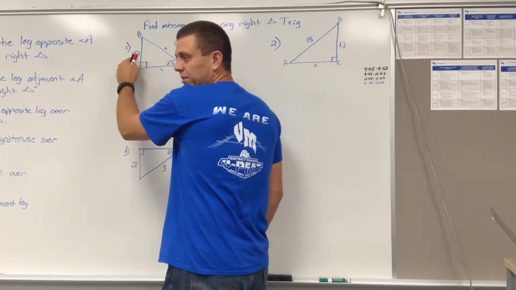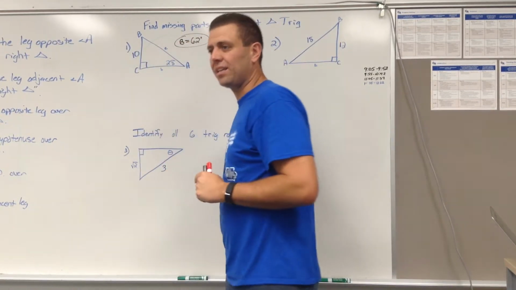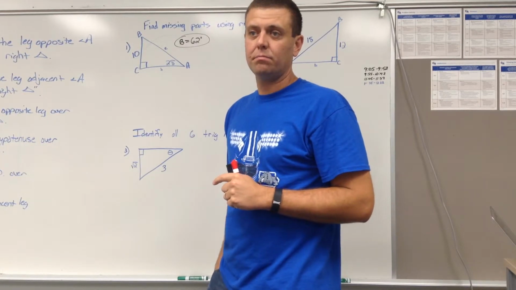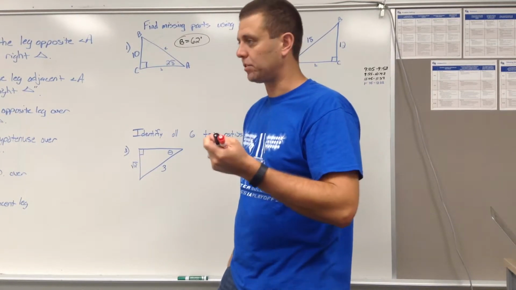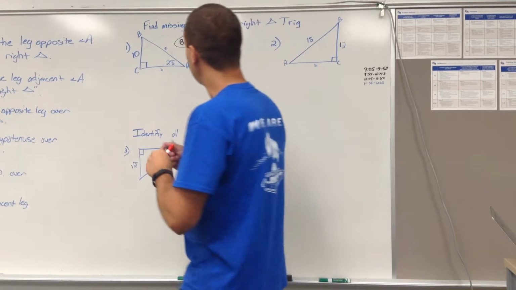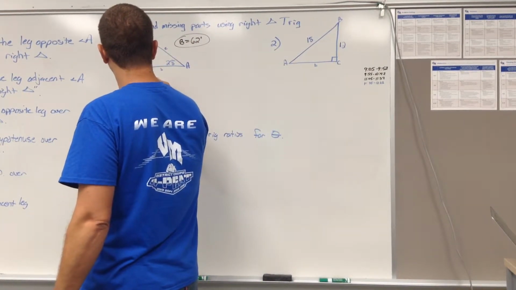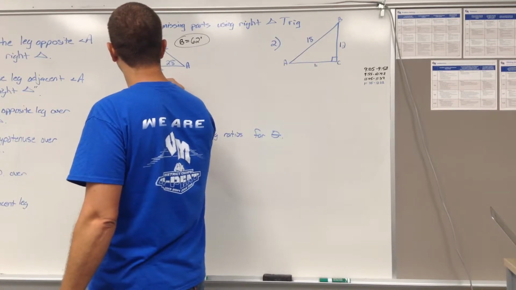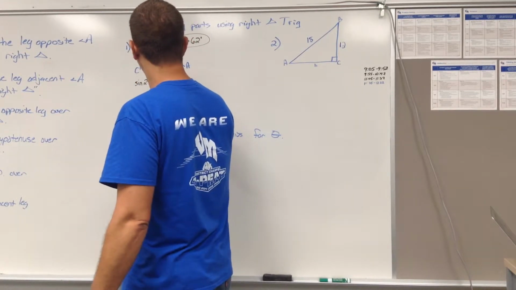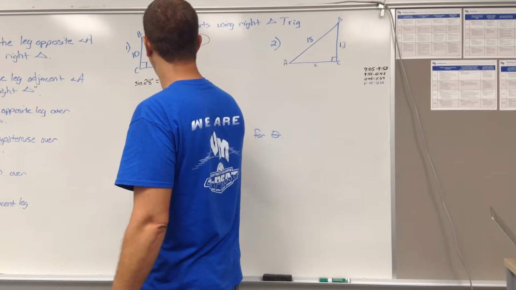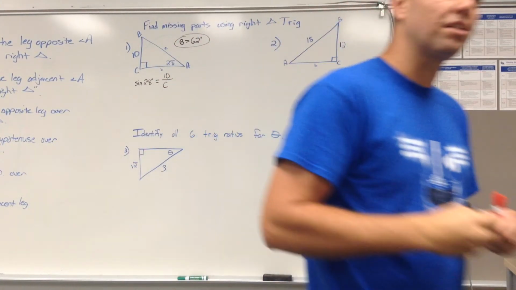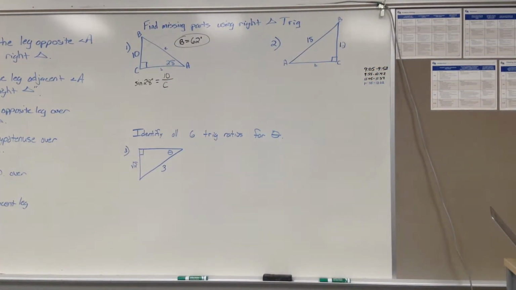If I know the opposite and want to figure out the hypotenuse, I'm going to use sine, because sine involves opposite and hypotenuse. So the equation I would set up would read: the sine of 28 degrees equals opposite over hypotenuse. So the sine of 28 degrees equals 10 over C.